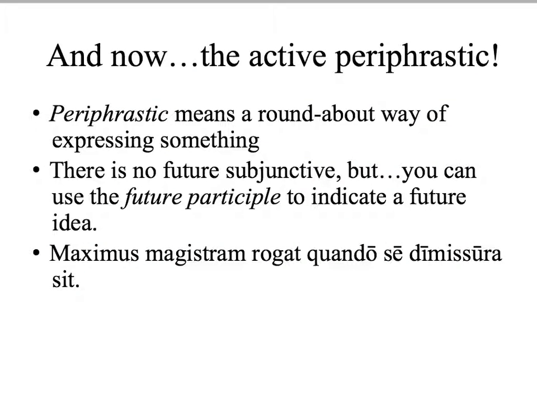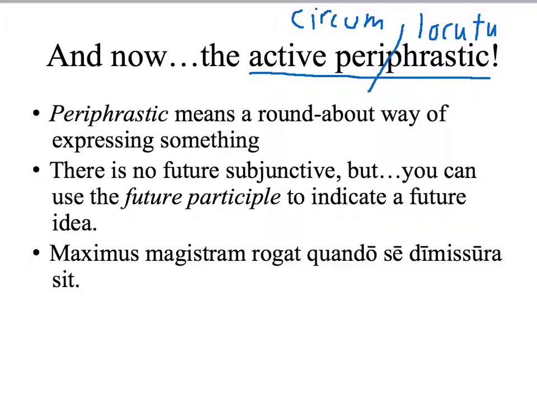And here's a very wonderful grammatical term for us to learn, the active paraphrastic. Paraphrastic is a wonderful word that comes into English from Greek. Peri has the same meaning as the Latin circum, and the phrastic has the same meaning as the Latin locutus. So really we are speaking or having spoken around.